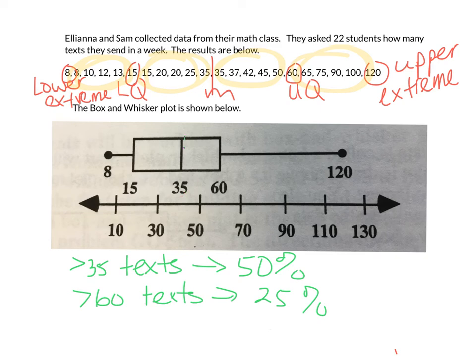The 8 in this case is our lower extreme, which sometimes is called the minimum. The 15 is our lower quartile. Sometimes this is called Q sub 1, or first quartile, which is basically saying it's a quarter of the way in from the data.